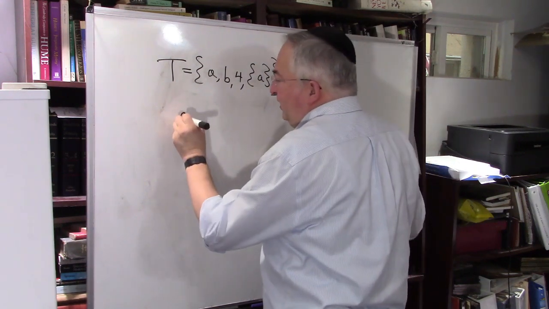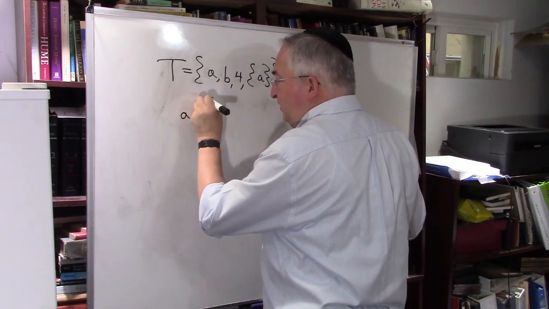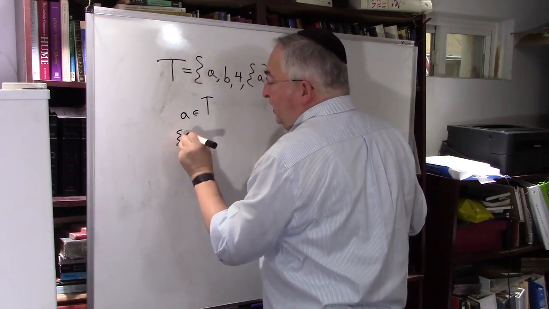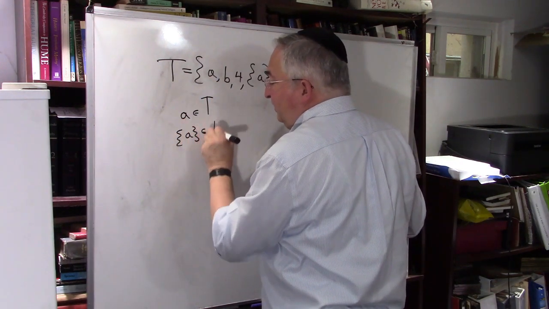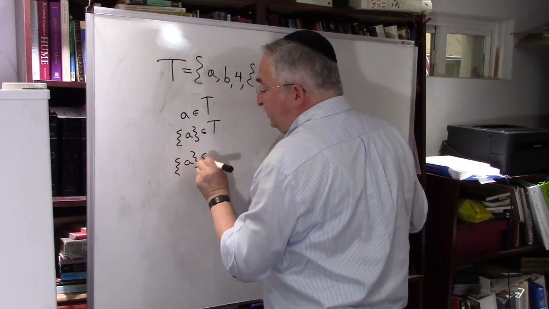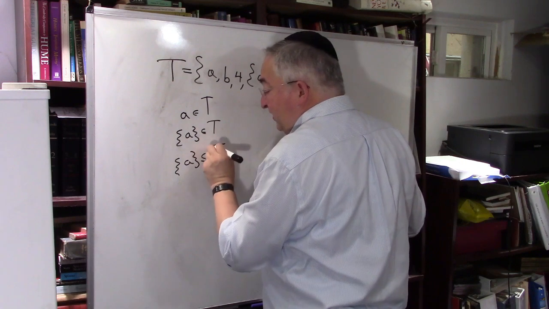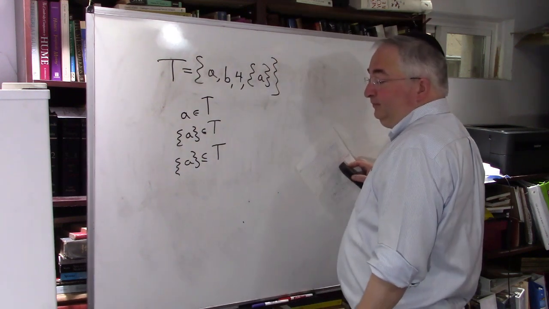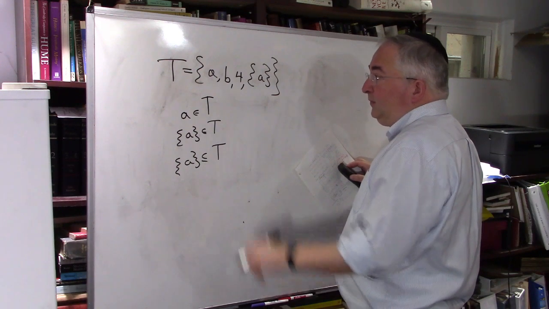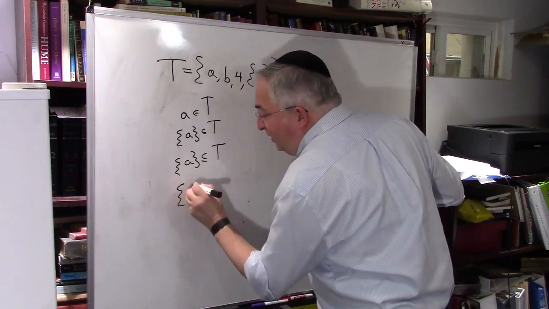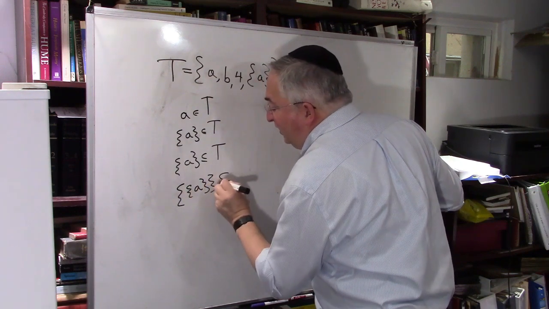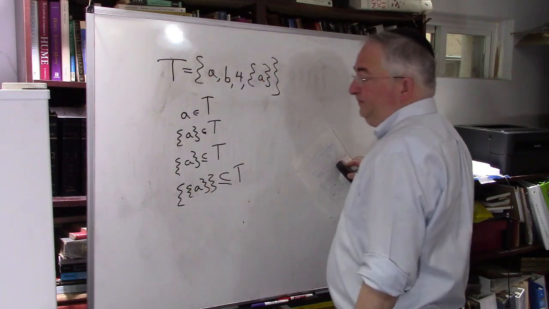So now we can say A is an element of T, because this element is in there. We could also say the set containing A is an element of T. We could also say the set {A} is a subset of T. Okay. And we can also say the set that contains the set {A} is also an element of T.